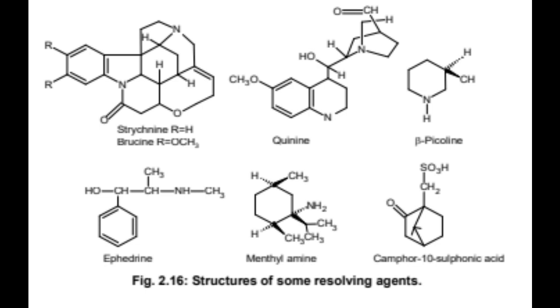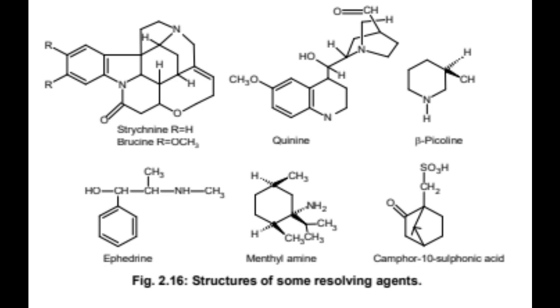The most commonly used bases for the separation of enantiomers of acids are strychnine, brucine, quinine, ephedrine, menthylamine, and picoline, etc. The acids generally used for the separation of basic compounds are alanine or any amino acid, camphor-10-sulfonic acid, tartaric acid, malic acid, etc. Structures of some resolving agents are given in Figure 2.16.